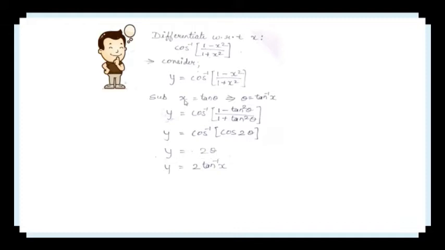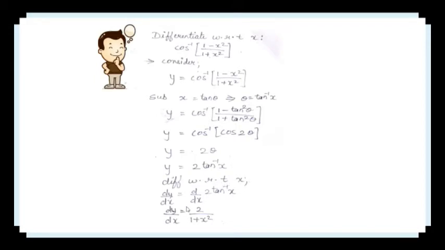But as I told you in earlier examples, whenever we substitute x equals tan theta, we have to resubstitute the value of theta. So y equal to 2 tan inverse of x. Now we will be differentiating with respect to x.